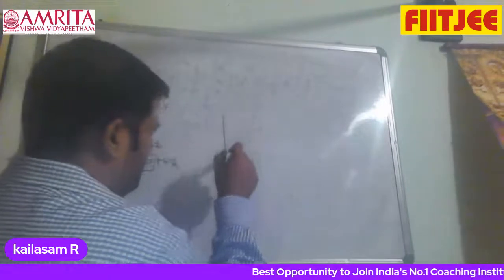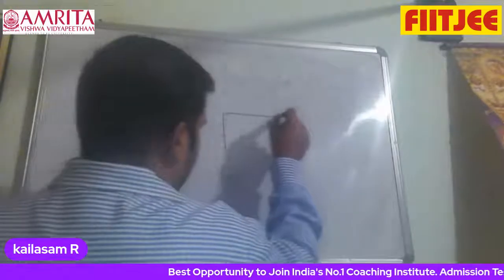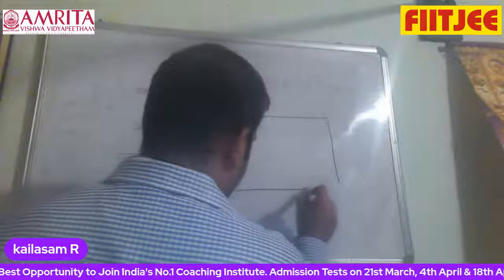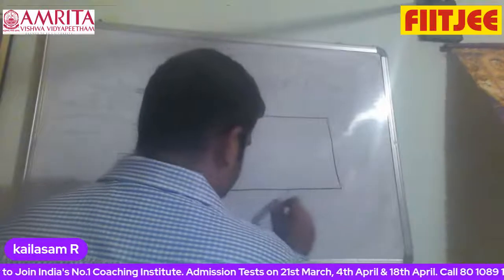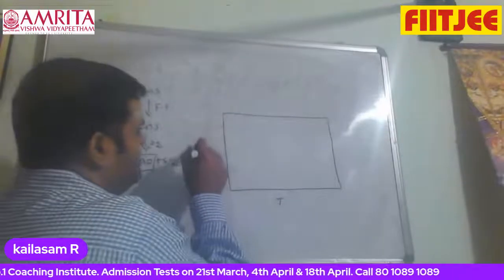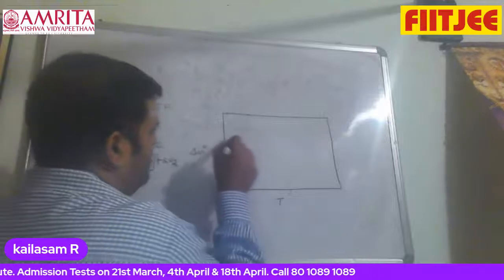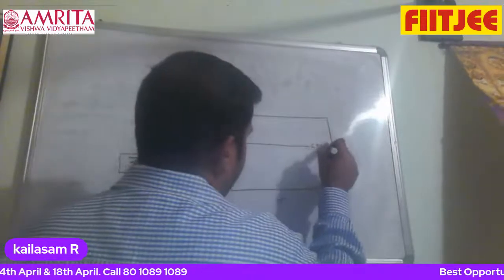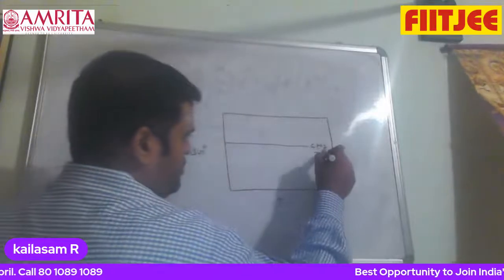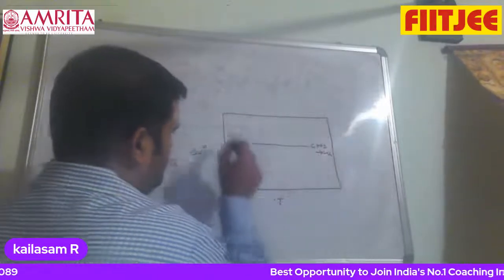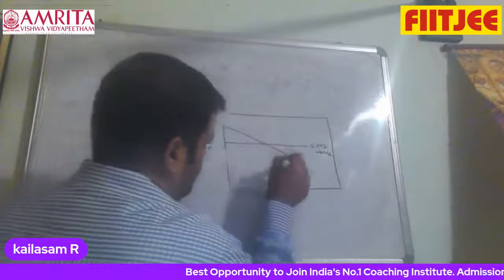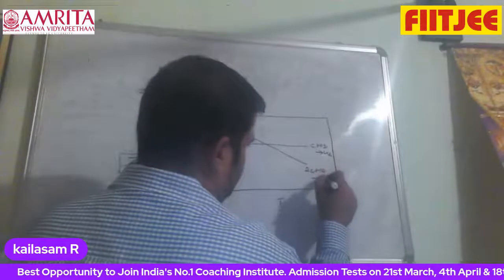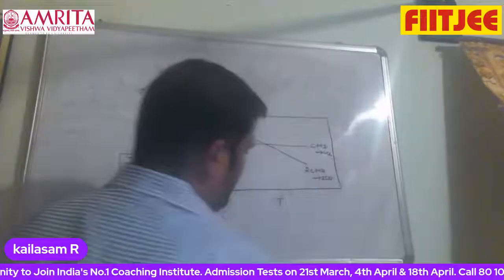I will tell you that. At the same temperature, here delta G naught. I can say that C plus O2 gives CO2, 2C plus O2 gives 2CO.